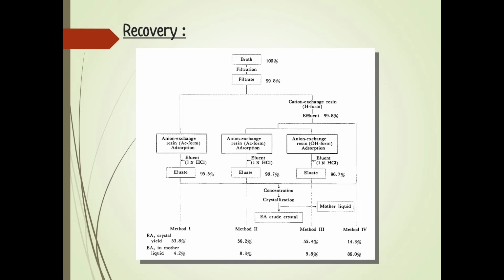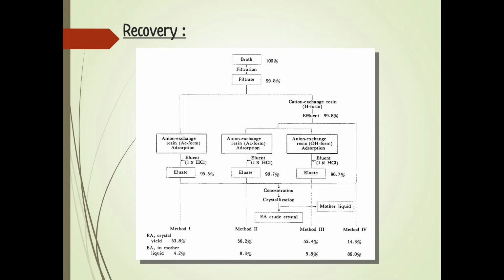And this is the recovery process, where the broth is taken and filtered, and the filtrate is passed through two processes. As we know, ion exchange chromatography should have a stationary phase. One is anion exchange resin adsorption or the cation exchange resin, because here the resin acts as the stationary phase.